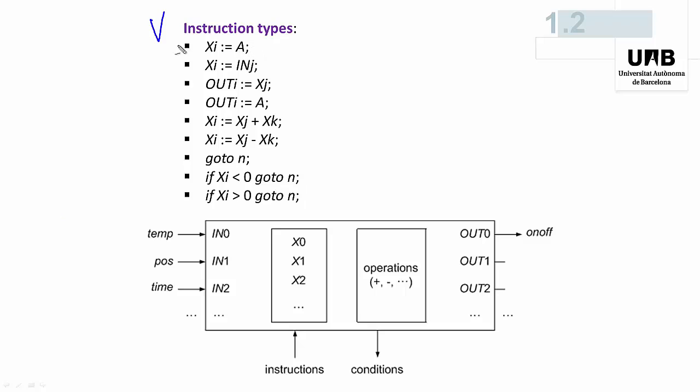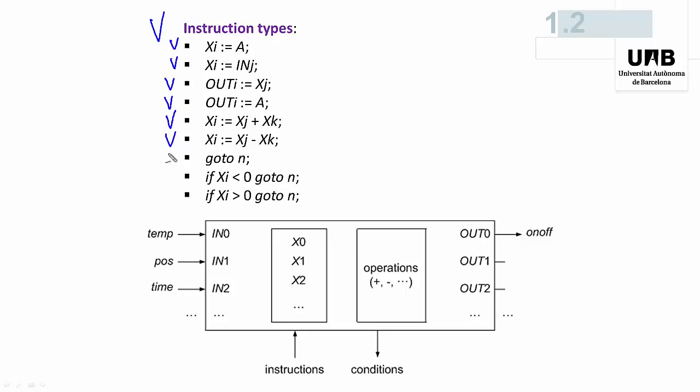To write a constant value A within a memory element, to transfer to a memory element the value of input port number J, to transfer to output port I the value of an internal memory element xj, to transfer to output port I a constant value A, to compute the sum of two memory elements and store the result within a memory element, the same with the subtraction.